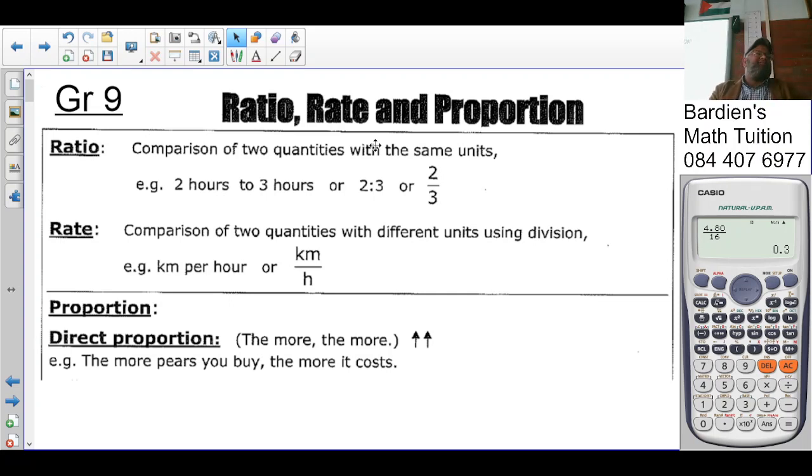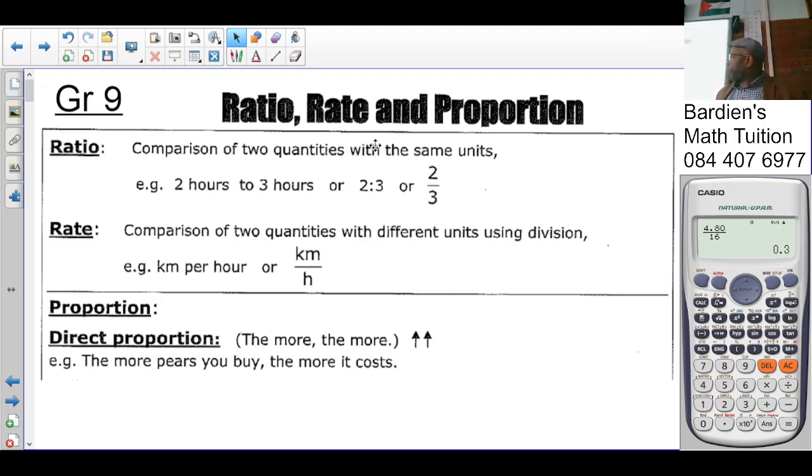So that's basically a rate. We have dealt with rate as well, and there were a couple of examples, but now we're going to look at rate as well, with a couple of questions on those.